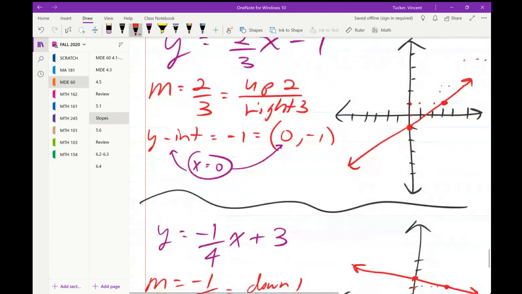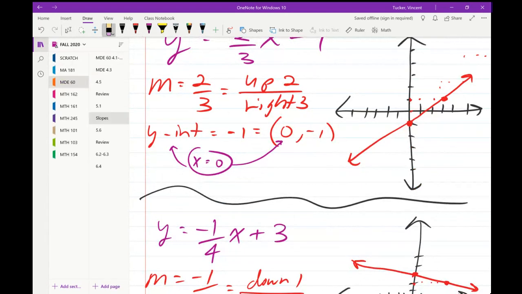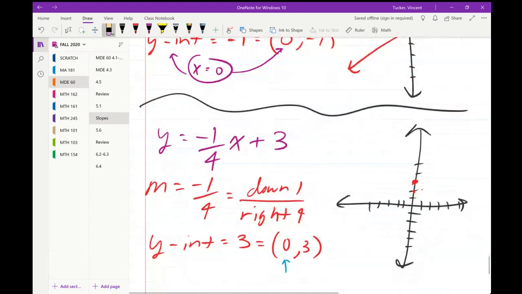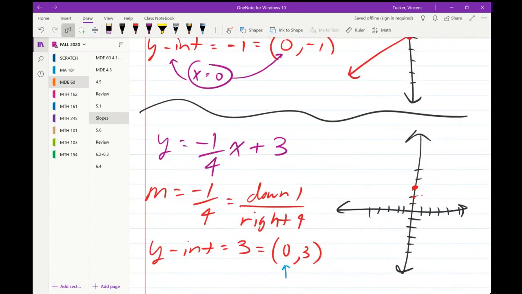All right. So let's do it again. So if I have y equal to -1/4 x plus 3, my slope is -1/4. So that means I go down 1, right 4. So that's a -1 over a +4.